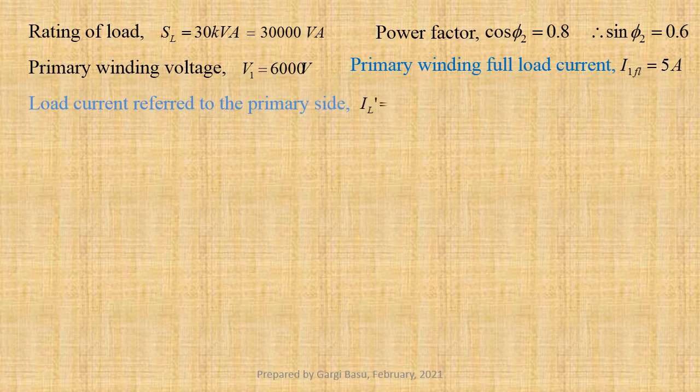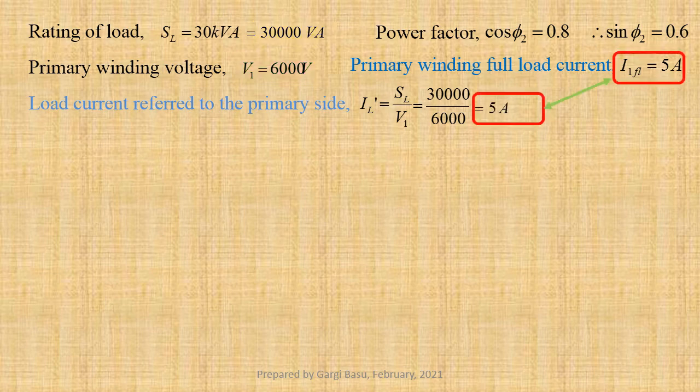IL dash equals SL by V1, that is equal to 30,000 divided by 6,000, that gives us 5 ampere. Here we find that I1FL equals IL dash because we have neglected no load current.